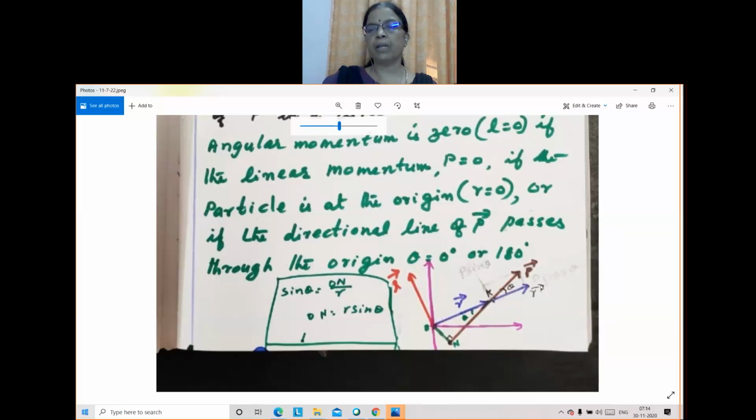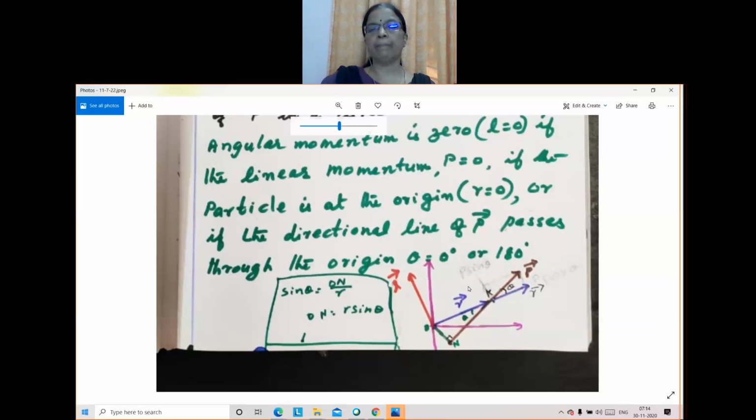One component along the direction of r is p cos theta, and the other, perpendicular to that, is p sin theta. The p cos theta component has no influence in producing the angular momentum of the body. Only p sin theta has the influence, because it is rp sin theta. The cos component has no influence on it.